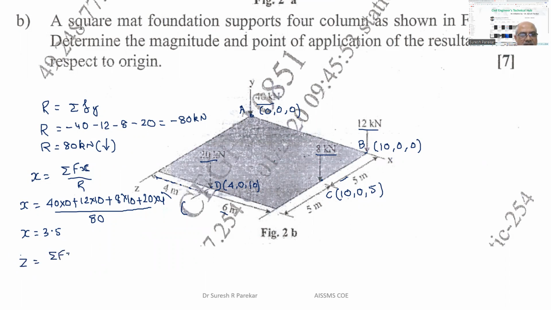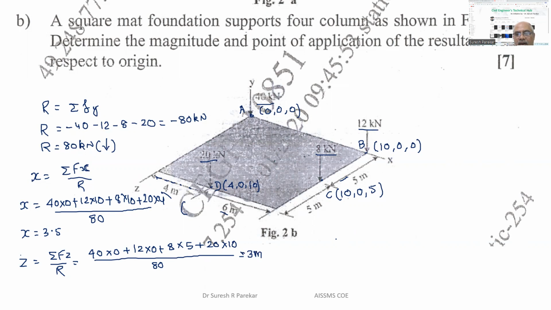So you have to write summation Fz upon R. Then I have 40 into 0, then 12 is on the x-axis, so I have z 0. Then I have 8 into 5, plus we have 20, and z we have 10, divided by 80. And then this will be 3 meters.